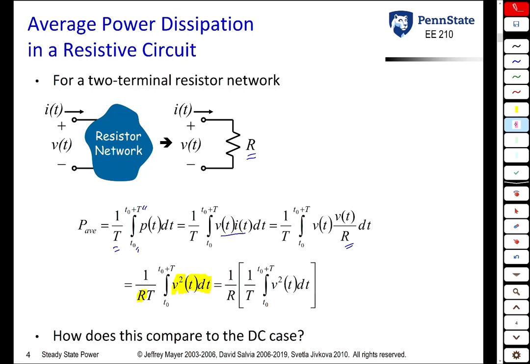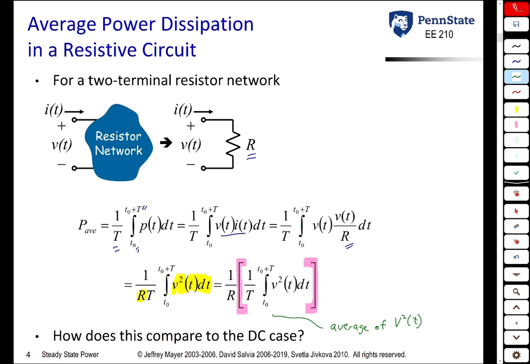We can then write that as 1 over R times 1 over T times the integral from t0 to t0 plus cap T of v squared t dt. What this part in this bracket is, is the average of v squared t.